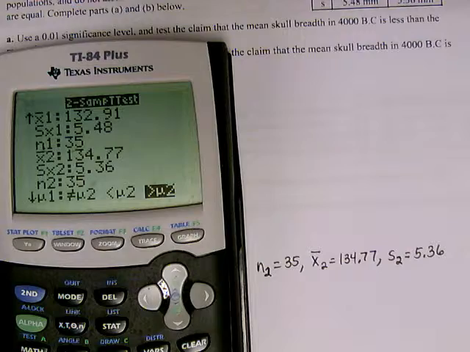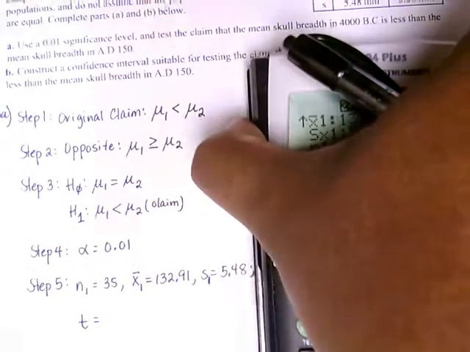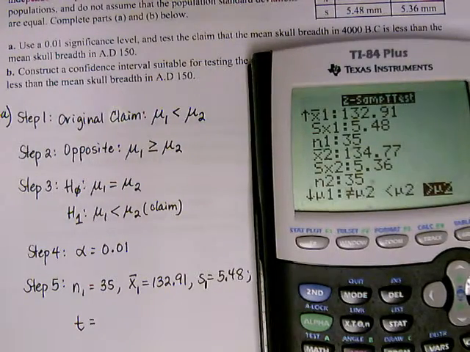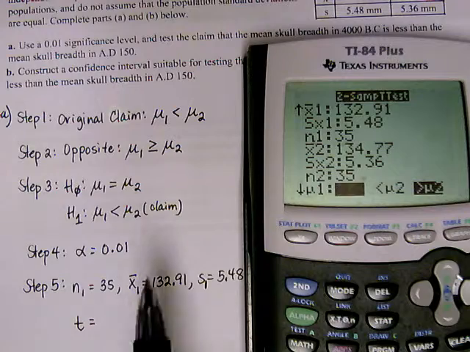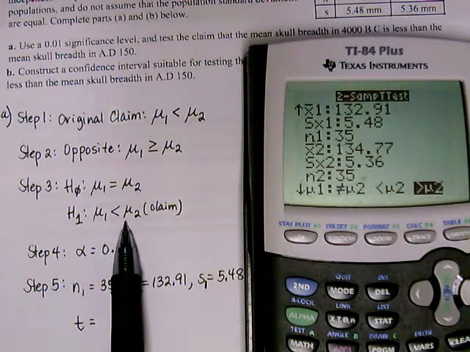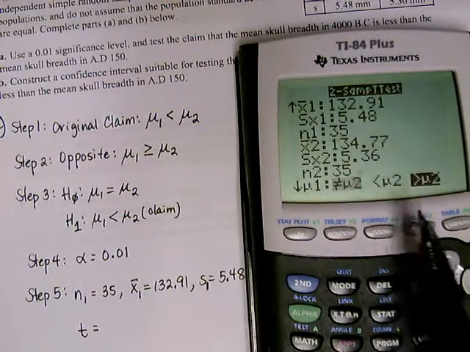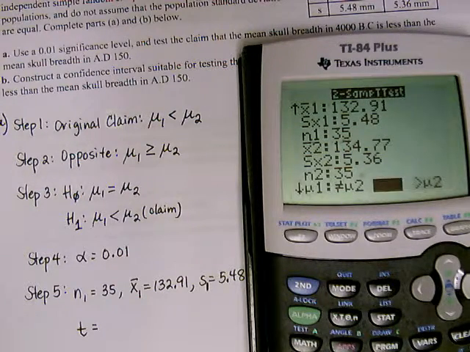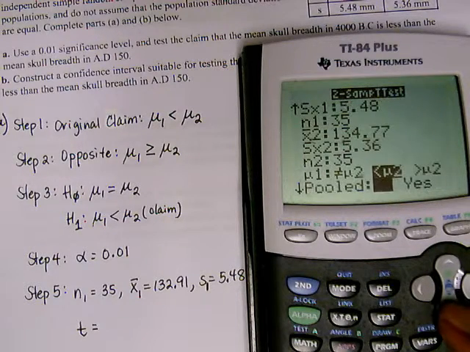Hit enter. Now for the mu1, it's going to be one of those three based on your alternative hypothesis. In this case, the alternative hypothesis says mu1 is less than mu2. So we need to highlight less than. We put the blinking cursor above the less than mu sub 2 and then press enter to highlight it. And then we press that down arrow key.